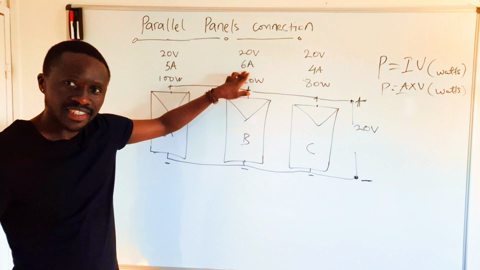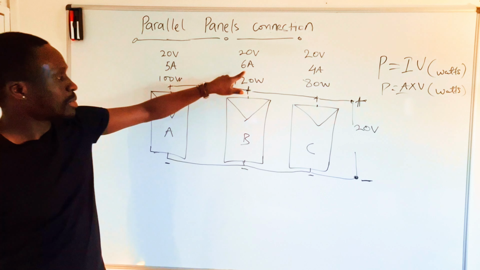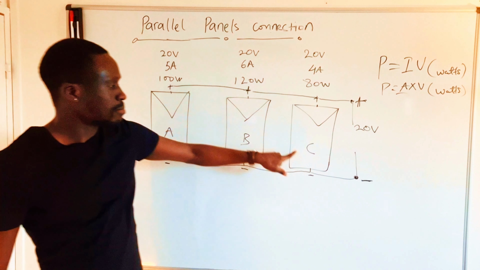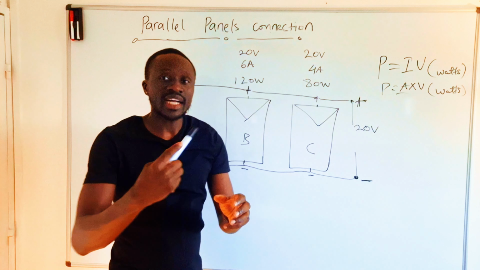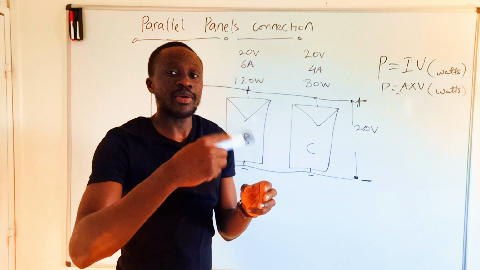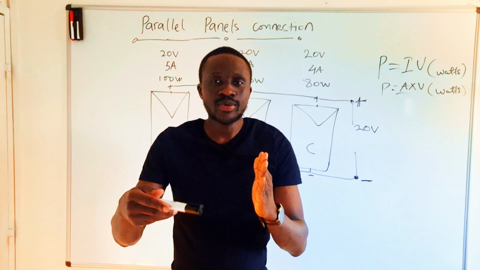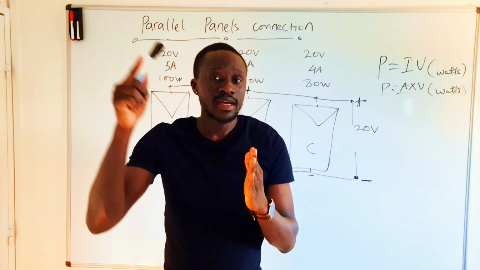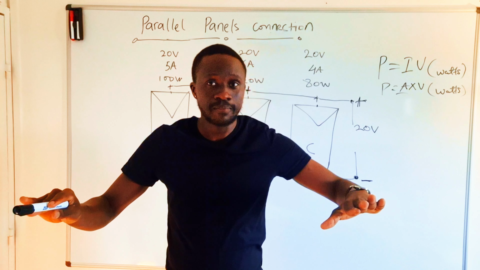But the current: here we have panel A with 5 amps, panel B with 6 amps, panel C with 4 amps. These currents are going to add up and increase. In parallel, we increase current, but the voltage remains constant. It doesn't change.